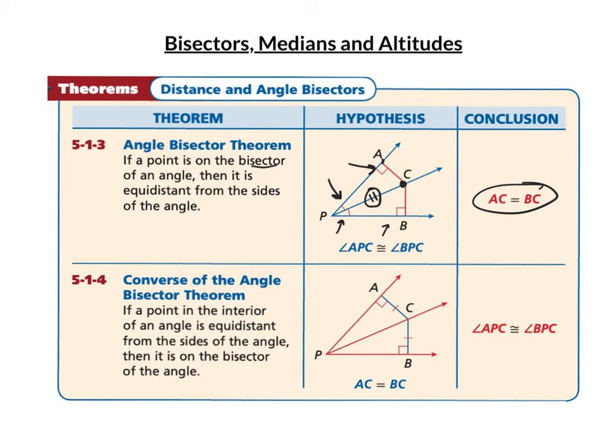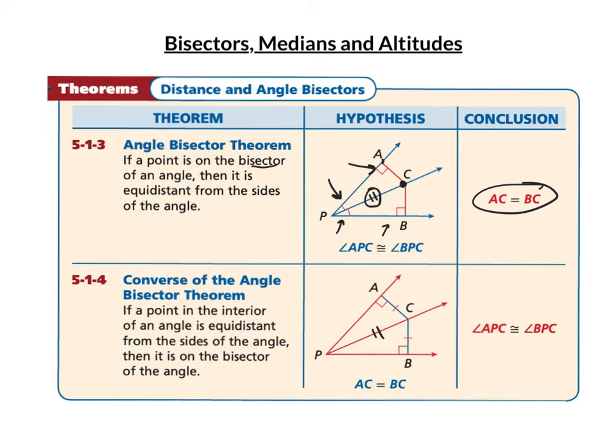If a point is on the interior of an angle and is equidistant from the sides of the angle, then it is on the angle bisector. Why is this true? If you look at the picture, you'll notice that they share a side, and you might go, oh, that's angle side side. No, that doesn't work, remember?